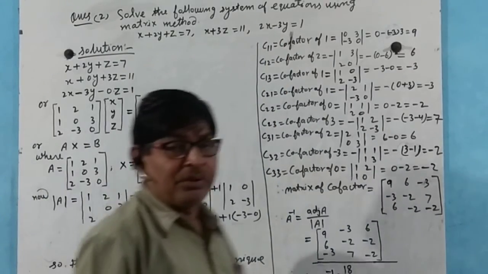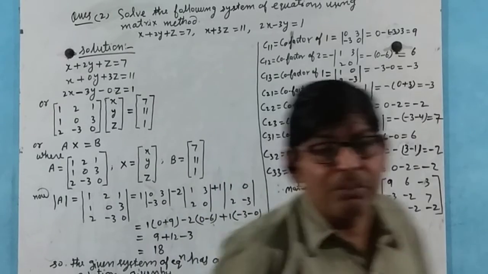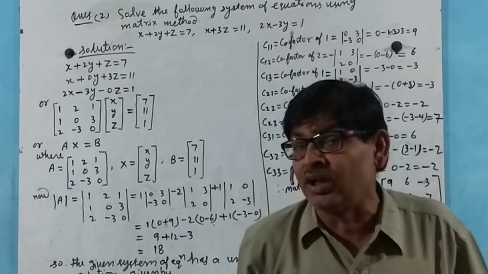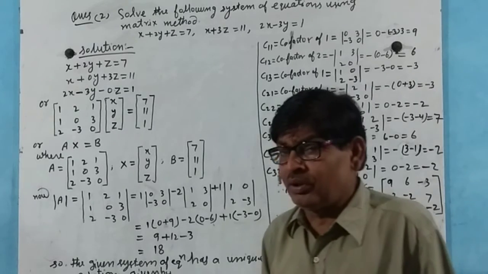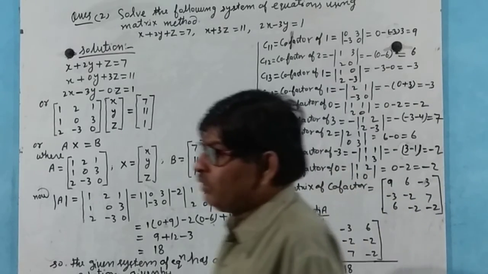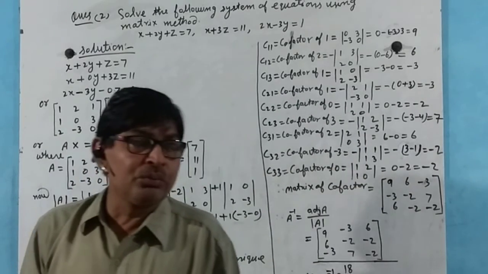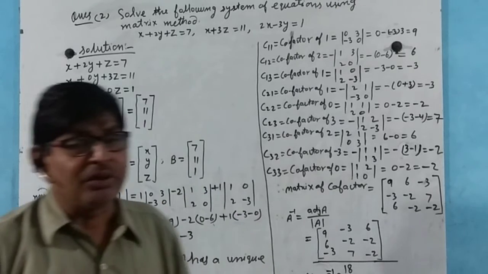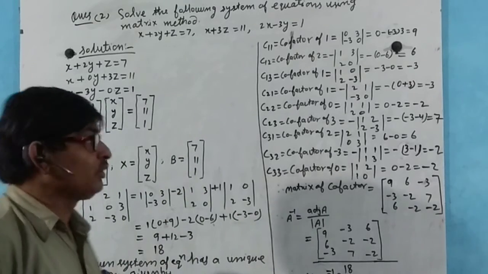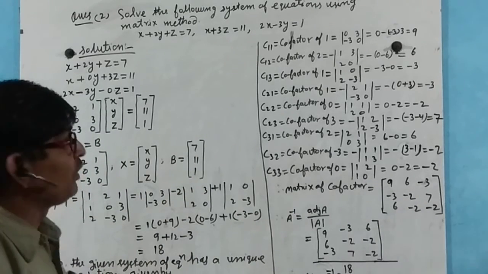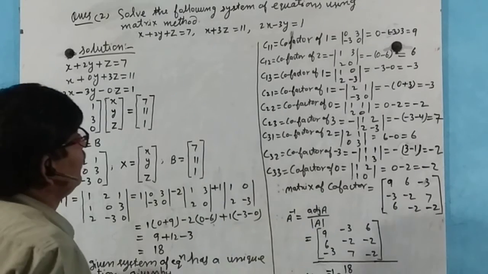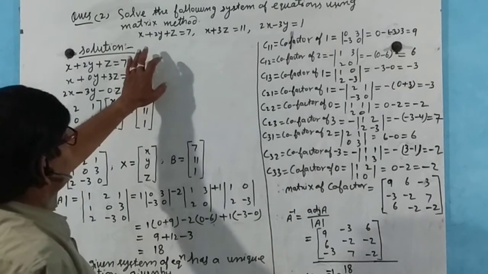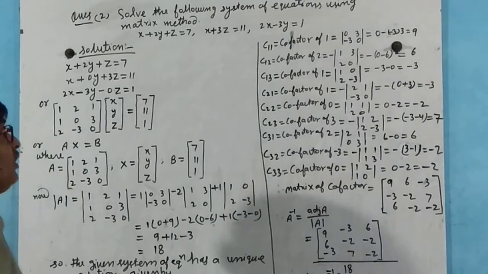Such types of equations are solved with the help of Cramer's rule as well as matrix methods. We also solve such questions with Cramer's rule in the determinant video. Here we solve this question with the help of matrix methods.